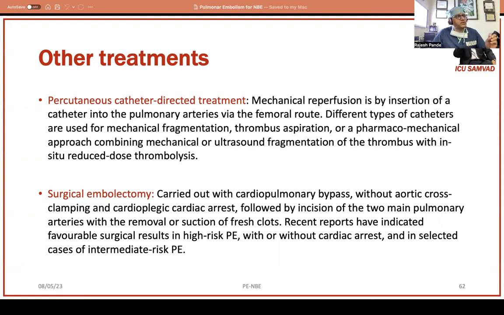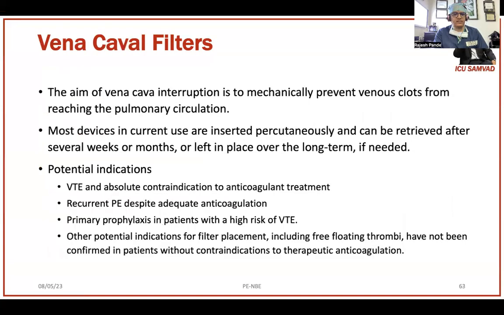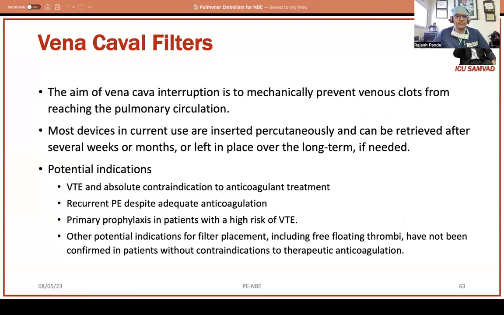That means besides this, you can give a lesser dose of thrombolytic agent. Surgical embolectomy, I have not seen so far. Generally, the patient is put on cardiopulmonary bypass, no cross-clamping is required, and an incision is given on the 2 main pulmonary arteries, and you remove or suck out the fresh clots. Recent reports suggest that outcomes are favorable, but normally percutaneous catheter-directed treatment is what I have seen people doing, not surgical embolectomy.